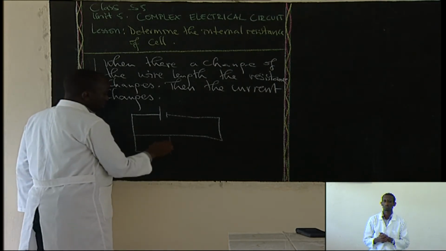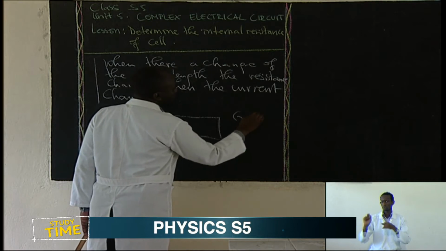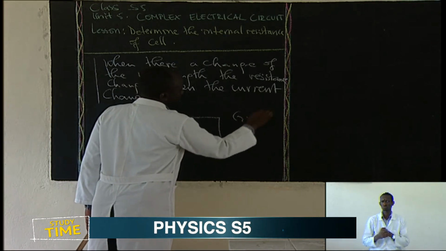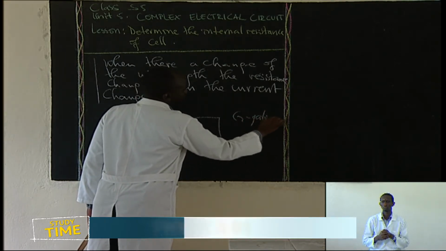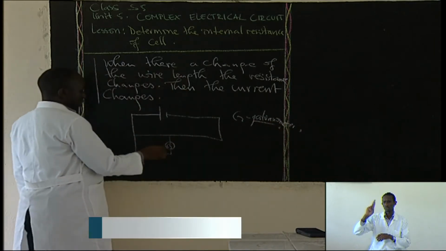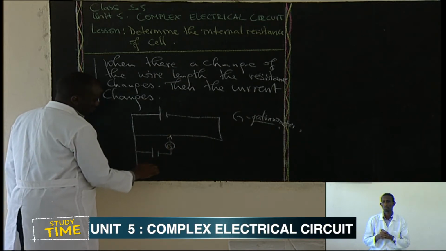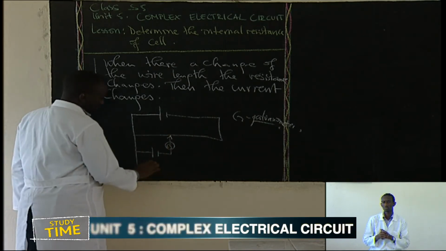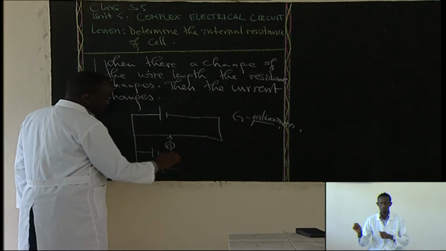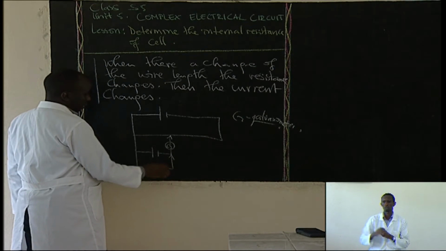And then there is G. This G means galvanometer. So this is a galvanometer. And then down here, there is that resistance through which we want to find the current that is passing.